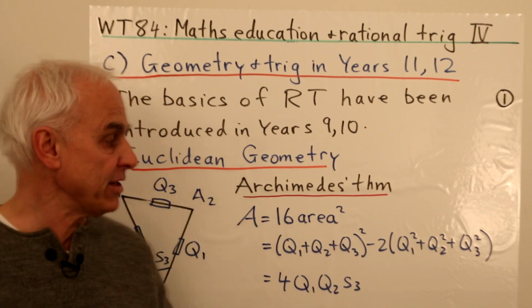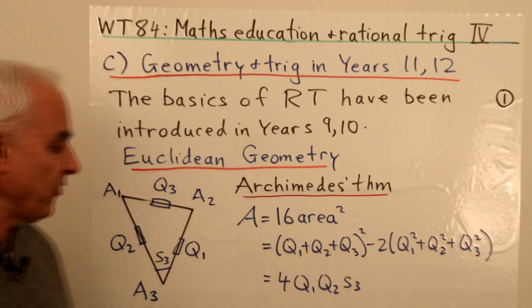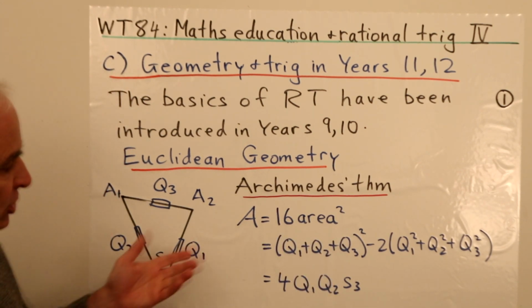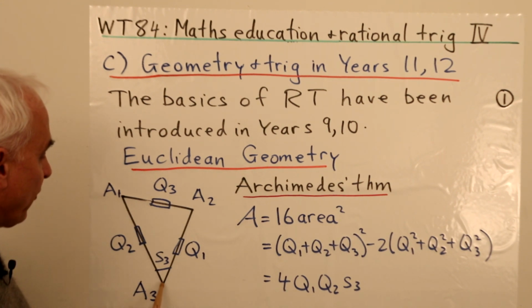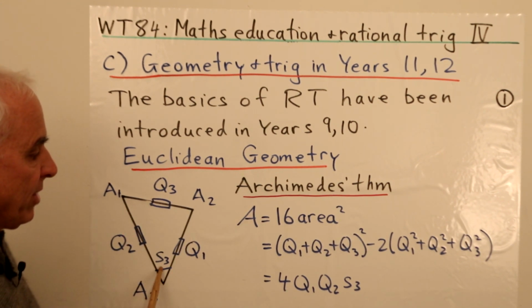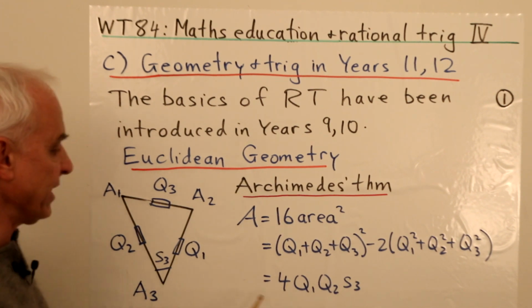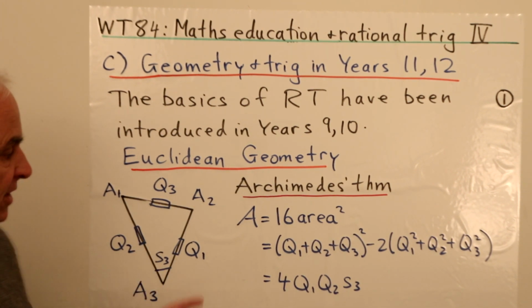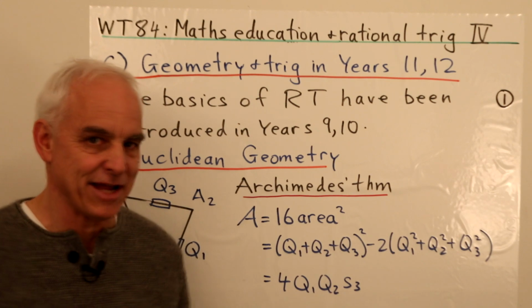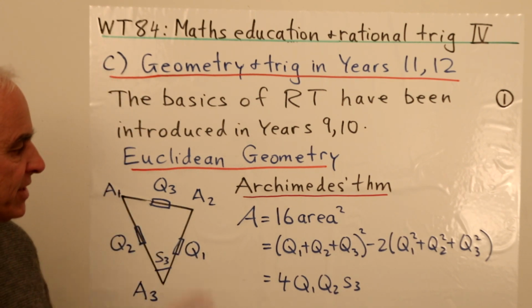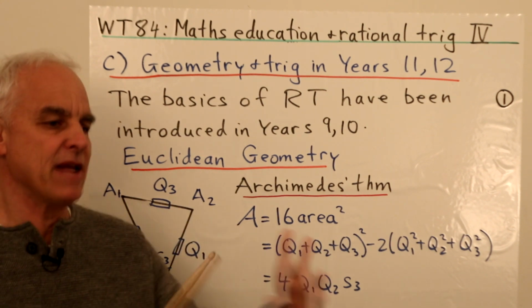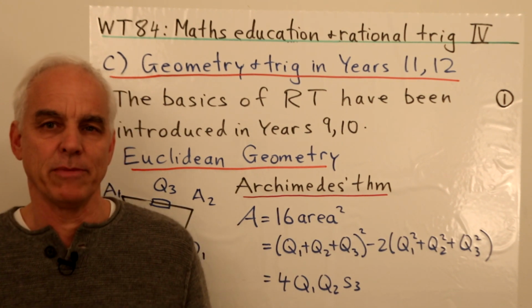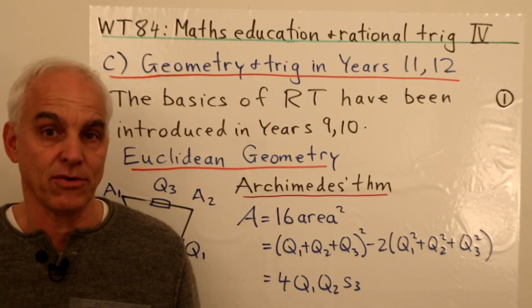Or more precisely, the square of the area times 16. It's useful to know that this is also the same as the product 4 times Q1, Q2 times S3, connecting it with one of the spreads. Of course, there are two other formulas just like that. So that's an immediate application of rational trigonometric ideas to a very old classical thing.